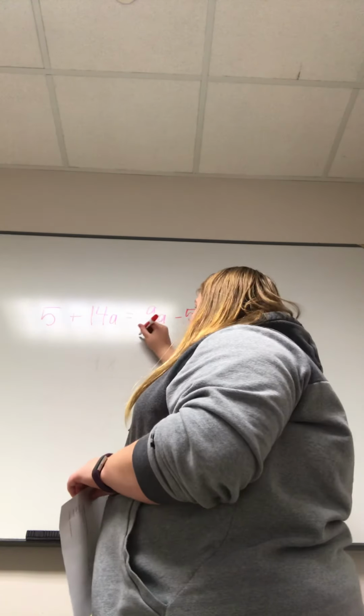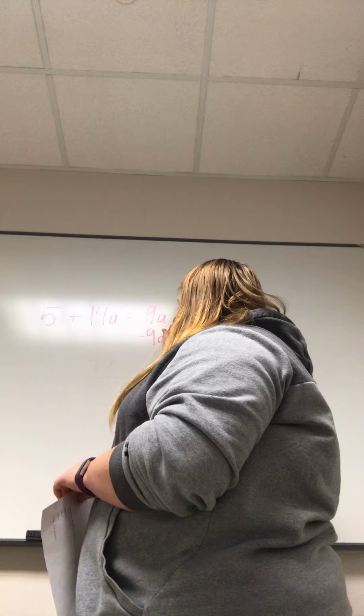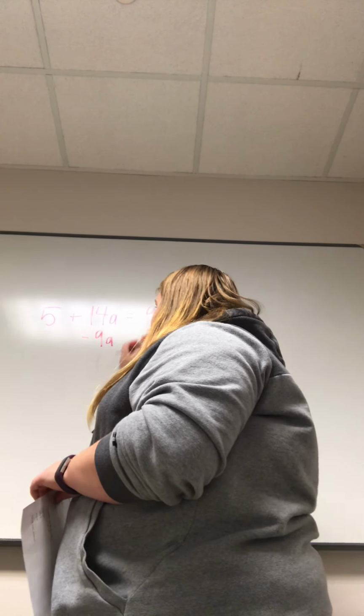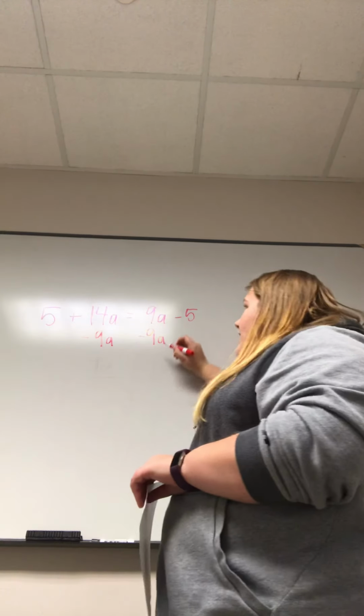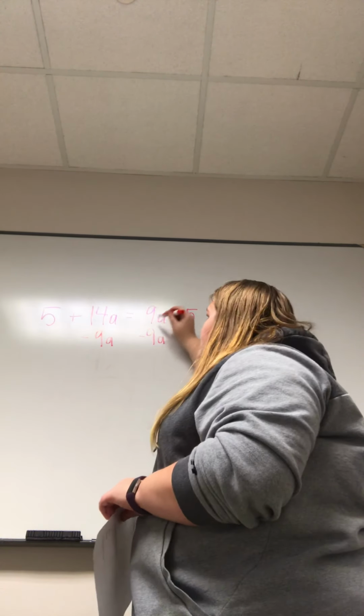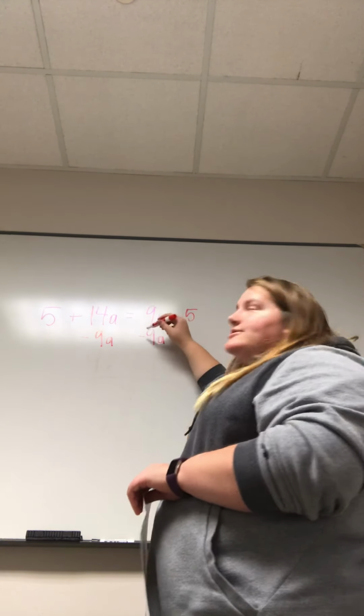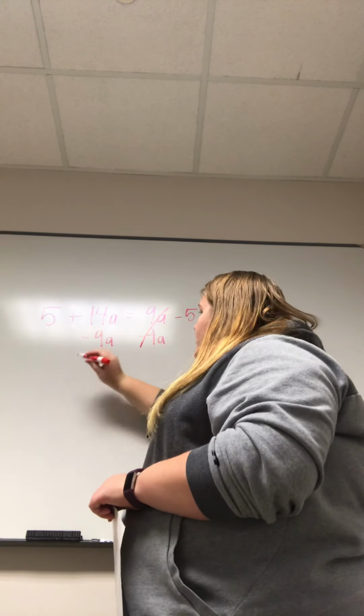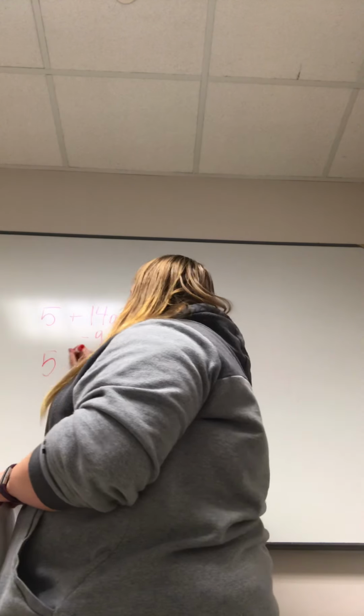So we're going to subtract 9A from the right side, and then we're going to subtract 9A on the left side. And when we subtract 9A from the right side, 9A minus 9A is going to be 0. So it'll cancel out. We're going to be left with 5 plus 5A is equal to negative 5.